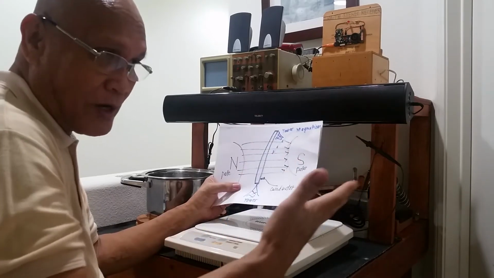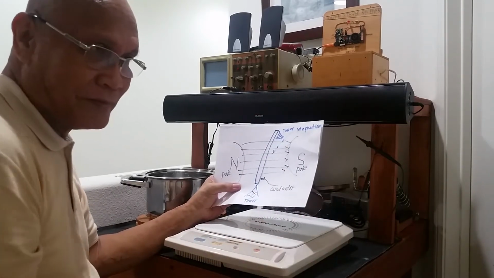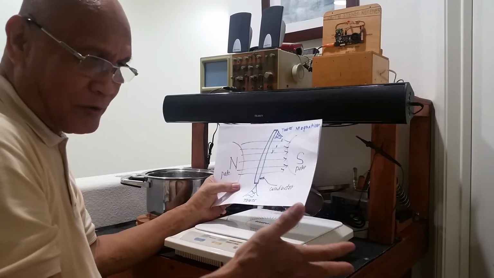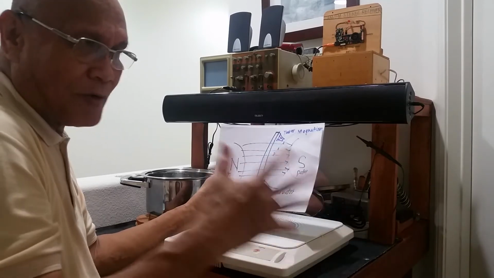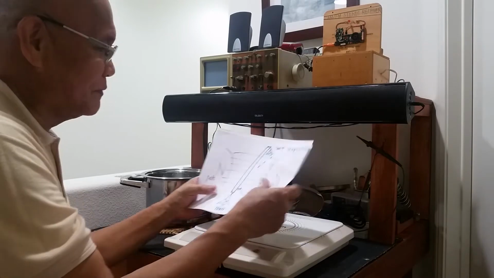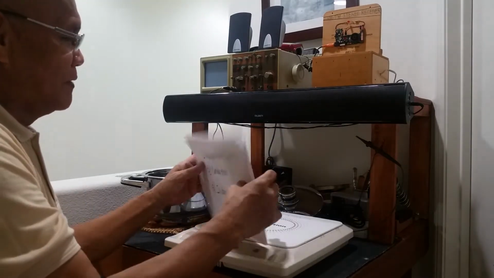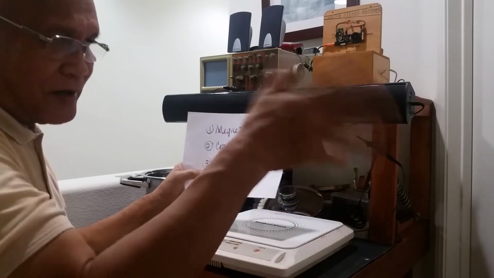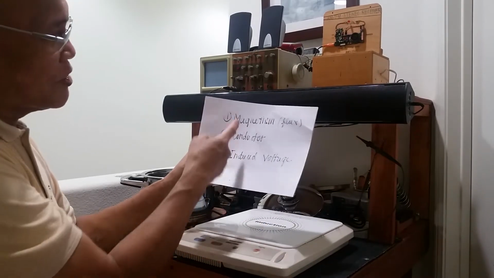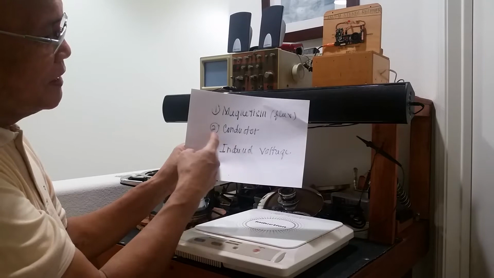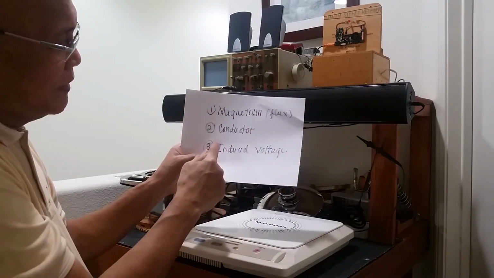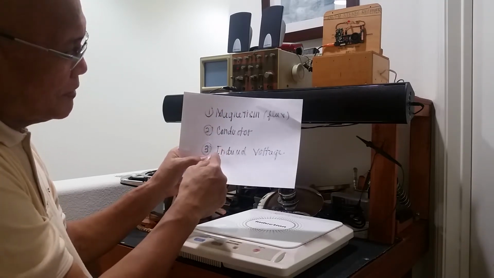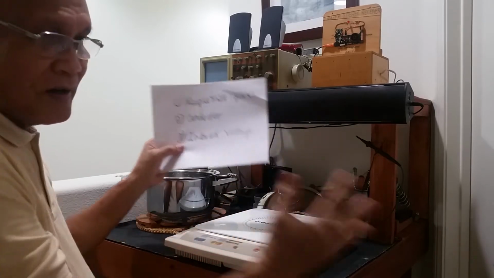And that's the one we are using. Even in the big generators of power plants, the principle is the same. So actually, to create an induced voltage, electrically speaking, there should be magnetism and there should be a conductor. If these two are present, there is an induced voltage.